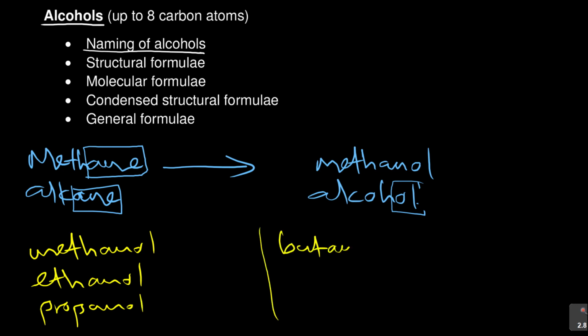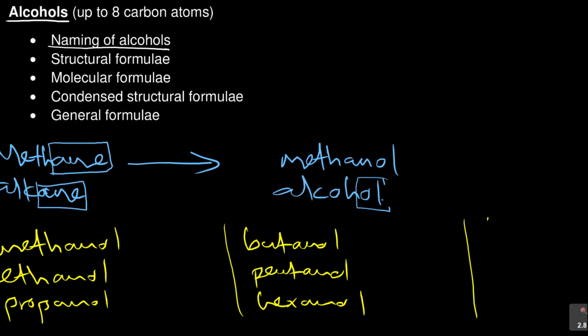Number 5 is pentanol. Number 6 is hexanol. And then number 7 becomes heptanol. Number 8 is octanol. They say limit yourself to 8, but there would be number 9, nonanol. Number 10 is decanol, and so on.